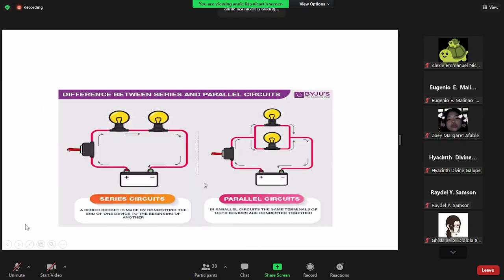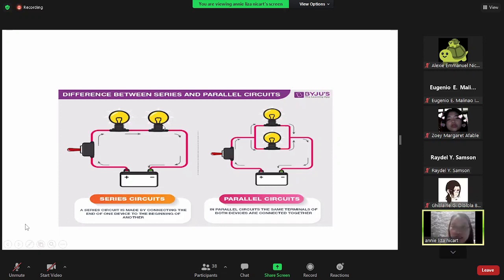Okay. Let's say bulb number 1 has 10 ohms resistance. Please note this on your paper, if you have notebooks or something, you can write. Bulb number 1 has 10 ohms resistance, and bulb number 2 has 5 ohms resistance.